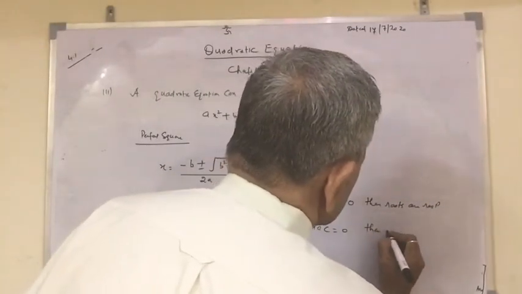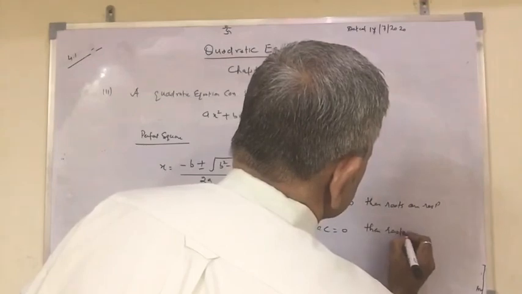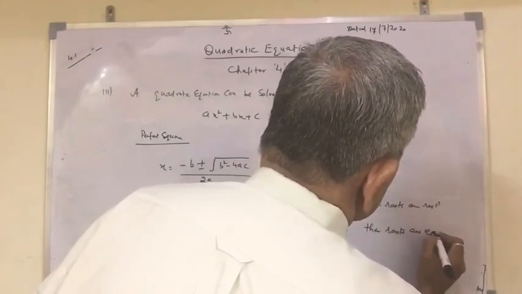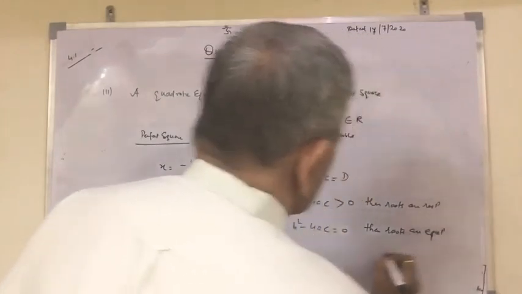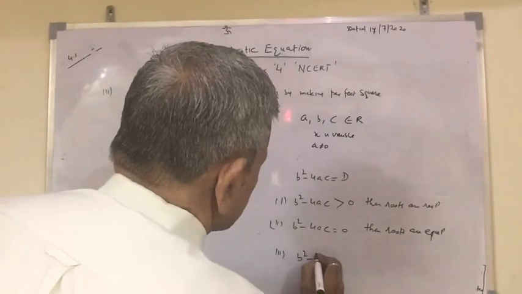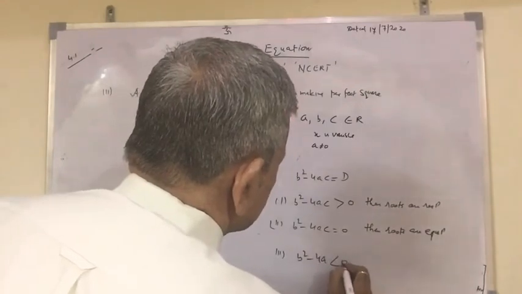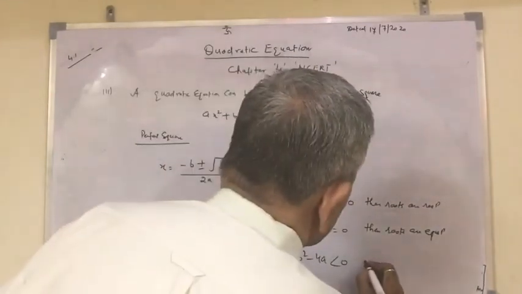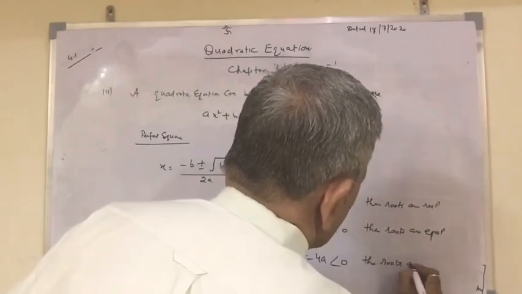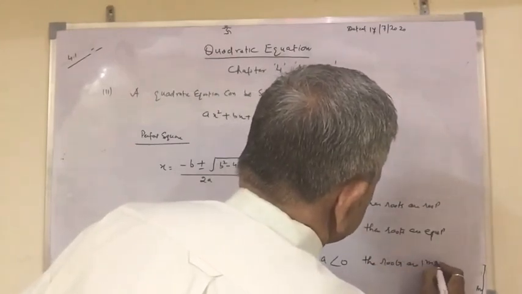Third, if b square minus 4ac is less than 0, then the roots are imaginary.